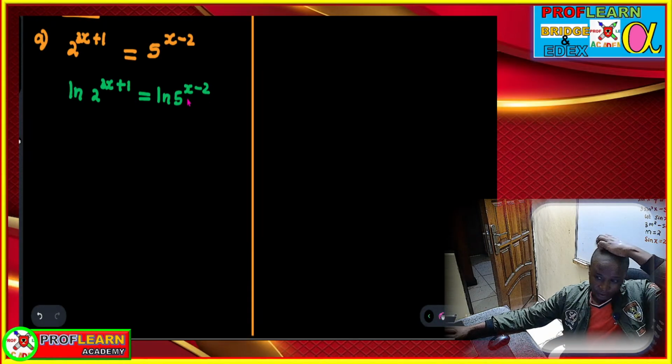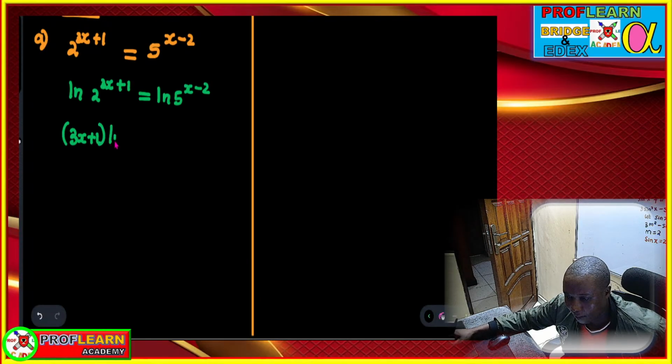So with this, we can agree that this is going to be 3x plus 1 ln of 2 is equals to x minus 2 ln of 5.